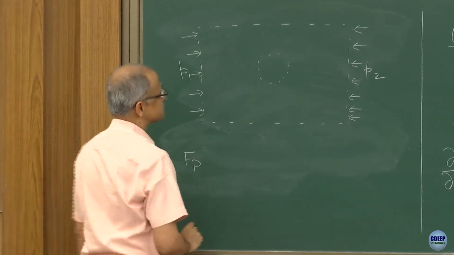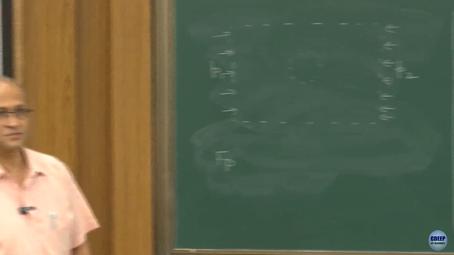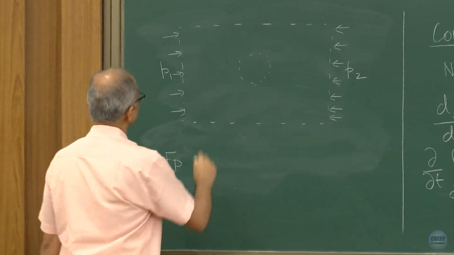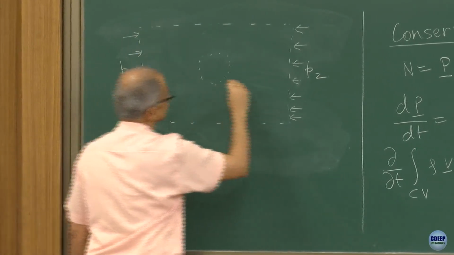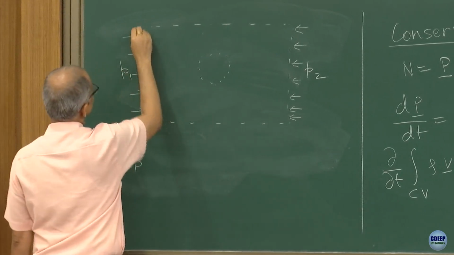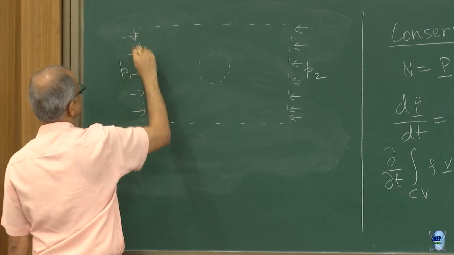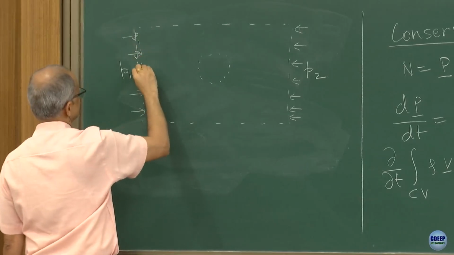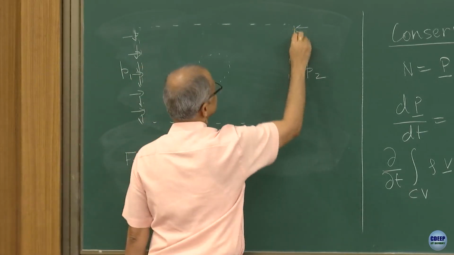What else? Viscous force. How will it act? On this surface, viscous force will act. Let us say, in the more conventional way, we just draw it with the arrows which are down, and here I will show it with arrows up.